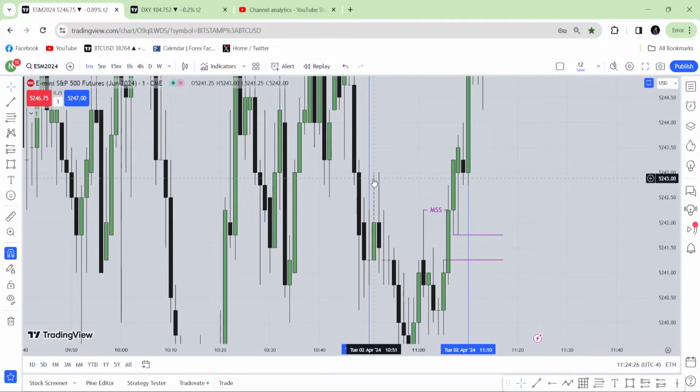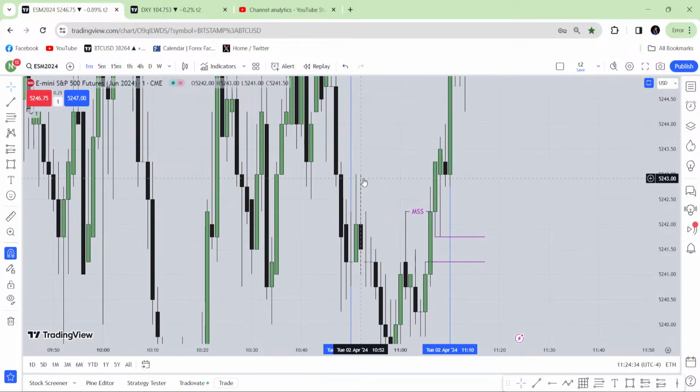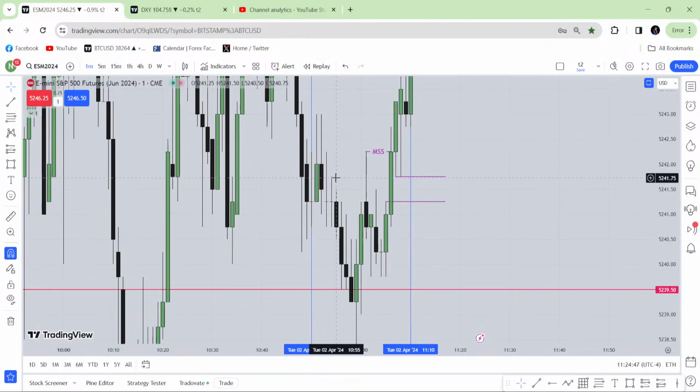This is the first time market came to that macro. Did it take any liquidity? That means a perfect swing high or relatively equal highs. See these two candle highs, they are relatively equal highs. If one candle could go above those relatively equal highs, I would mark that as buy side liquidity taken. Market went higher, went lower. Look at every single candle. It went lower, lower, and finally it has taken the sell side.